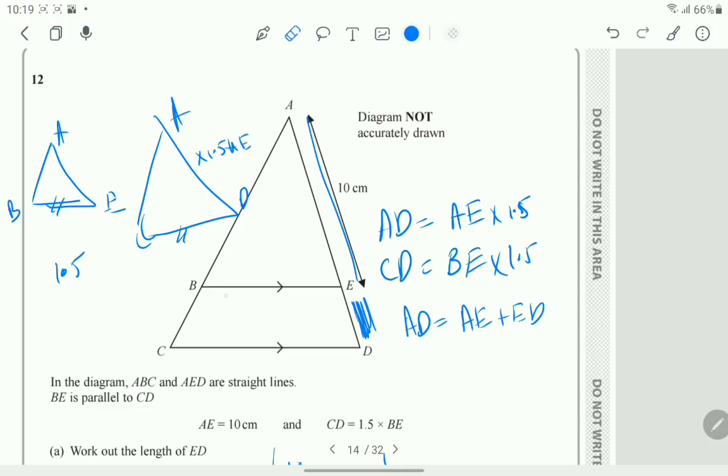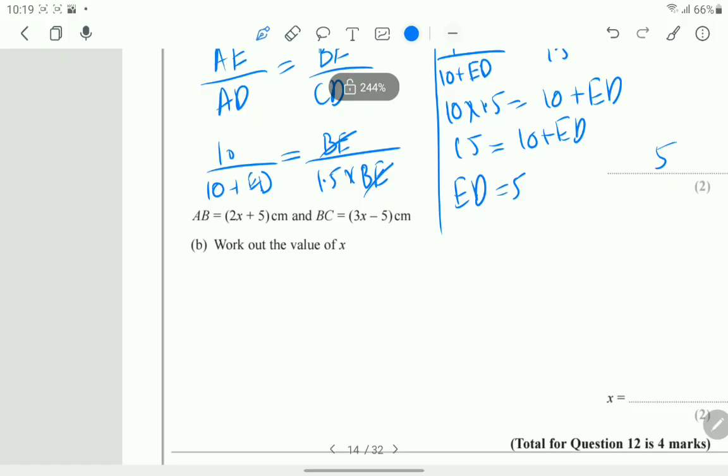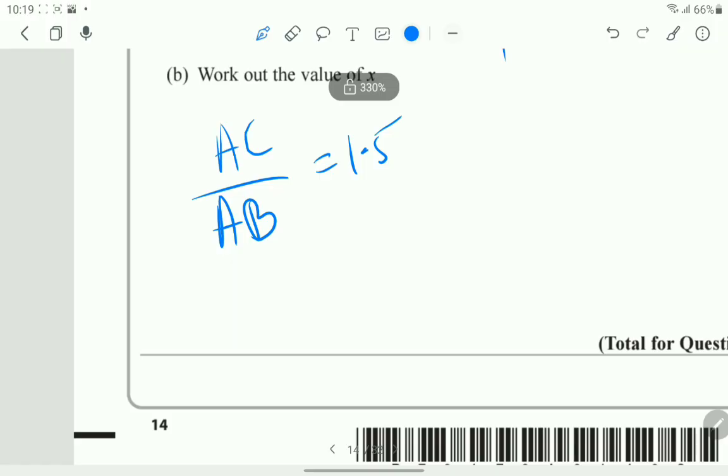The ratio between AC and AB is supposed to be 1.5. So if I say that AC over AB should equal 1.5, that would not be wrong, and AC is actually AB plus BC, divided by AB.